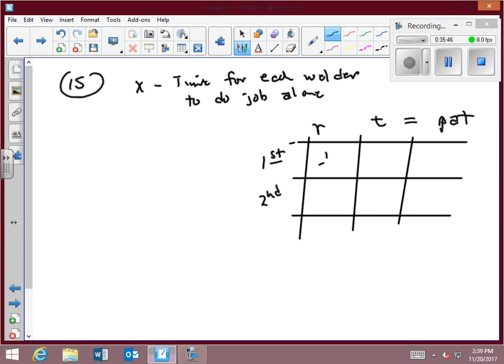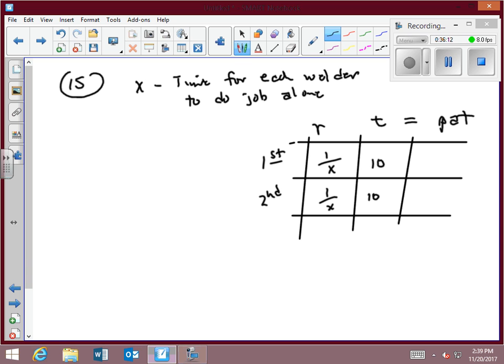So the rate for this welder is 1 over X, and the same for this one, because they both work at the same rate. Okay, it says after they work together for 10 hours. So what is the 10 hours? That's time. And I'm going to put 10 hours in each time slot. Each of them works 10 hours, right?